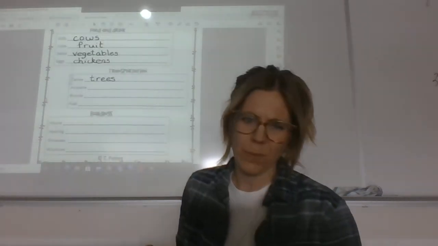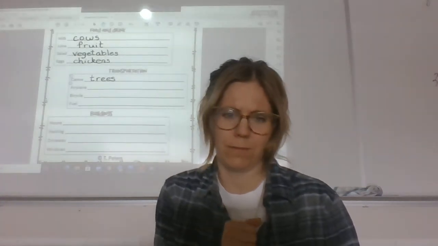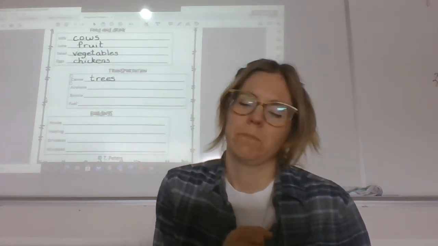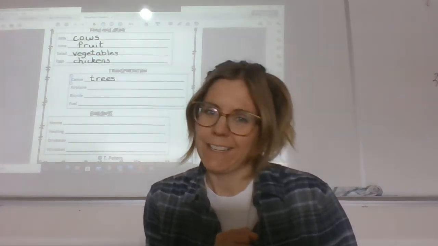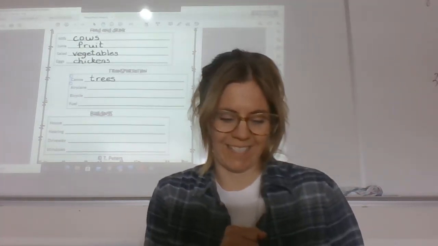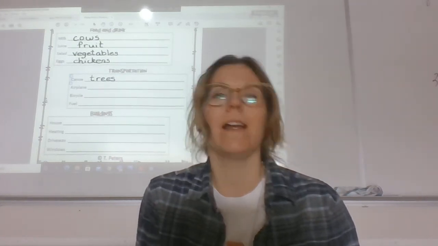What about an airplane? Airplane and bicycle. Those would maybe be similar. Can you think about the type of materials used to make those? I wish you were here in the room with me and you could put up your hands and tell me, but since we aren't together, aluminum. That is a natural resource.